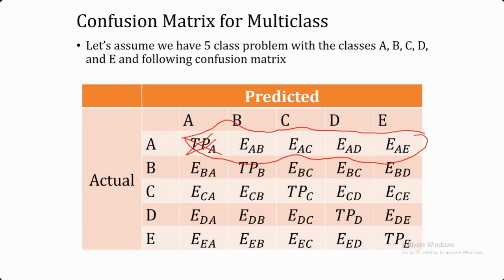This is your false negative. For your false positive, it's going to be the summation of your column except this one. So this is going to be your false negative, and this is going to be your false positive.